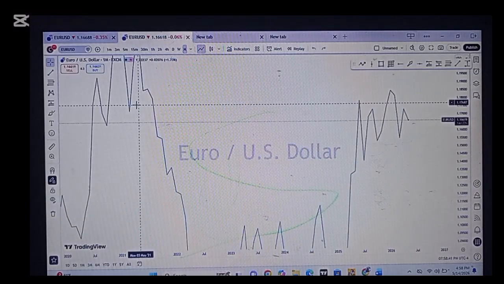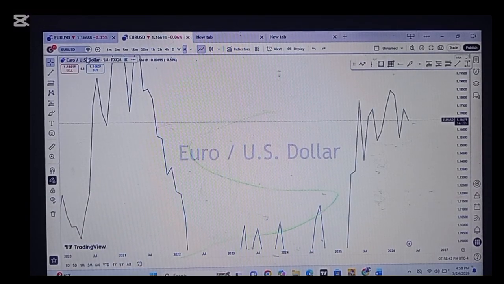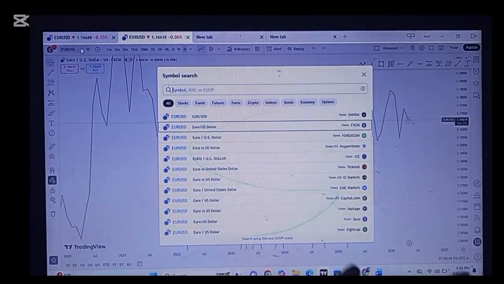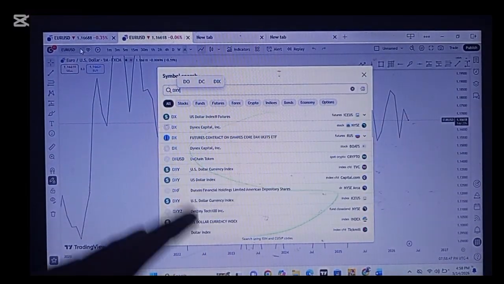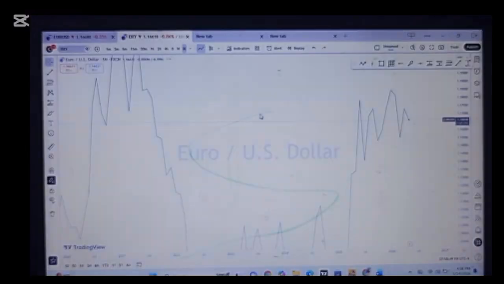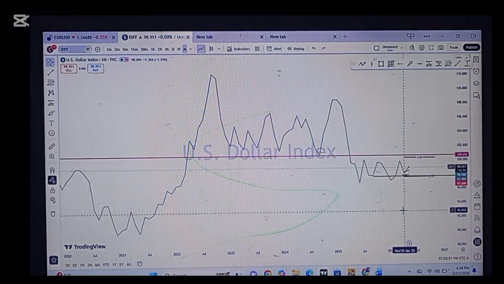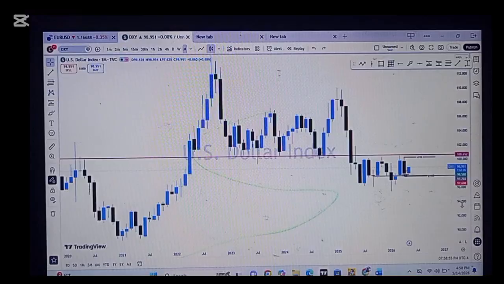You can see, I have just a few. You can see what is happening.